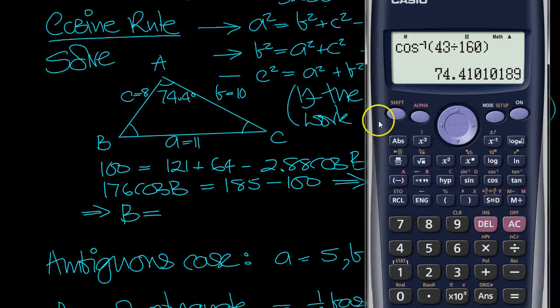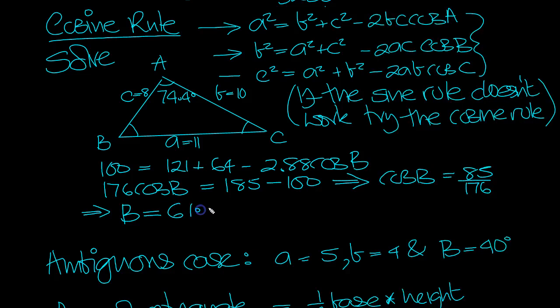Shift cos, 85 divided by 176, 61.1 degrees. And that's B. So put that in. And then we need to take them both away. Add these and take them away from 180.